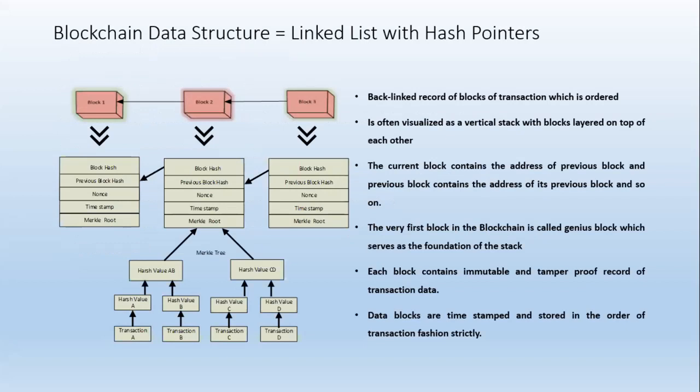Let me move on to the blockchain data structure. As you can see, a diagram is given here. Blockchain is a back-linked record of blocks of transactions where the transactions are ordered in a particular fashion.